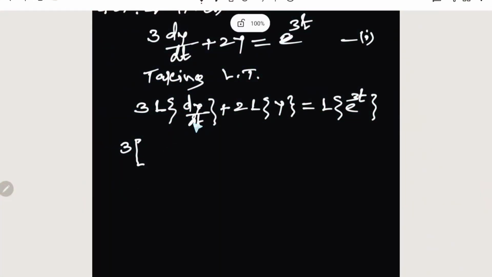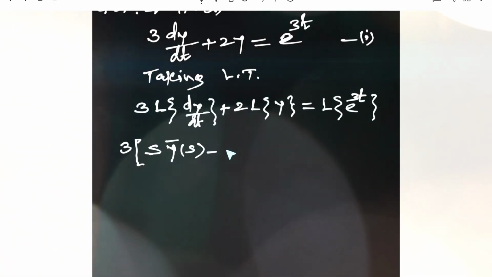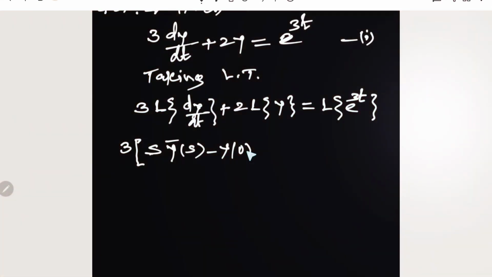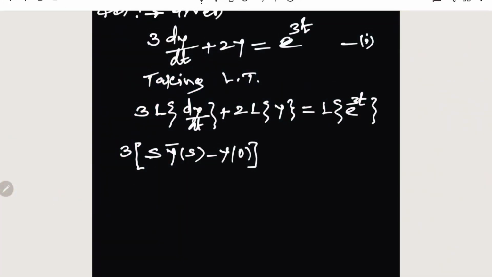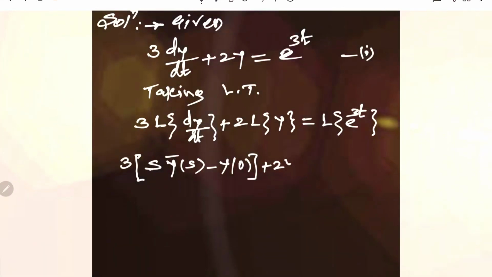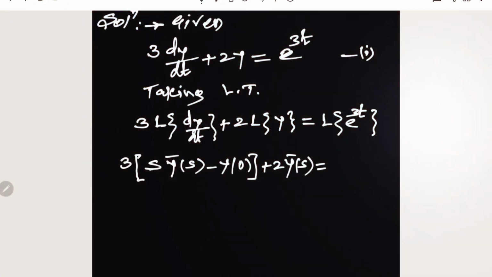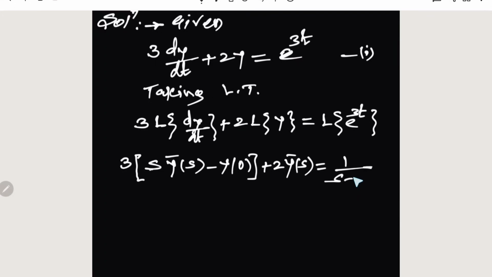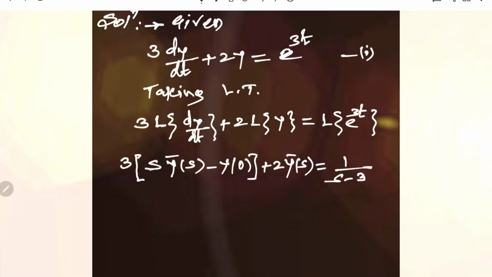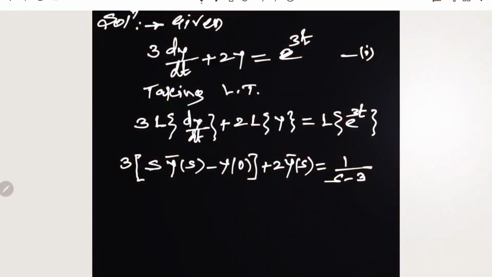Laplace transform of first order derivative is s y bar of s minus y of 0. 2 constant, Laplace of y is y bar of s, and that is equal to Laplace transform of e raised to 3t, standard result 1 upon s minus 3. Then there are 2 terms of y bar of s, first and second.